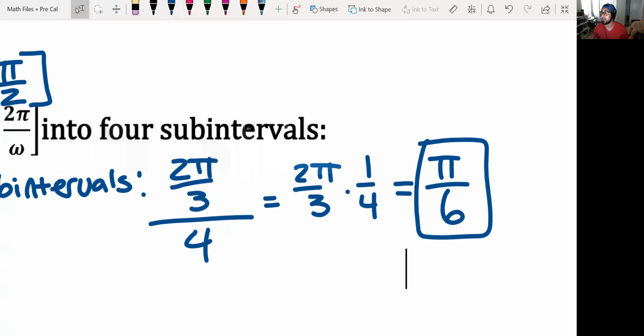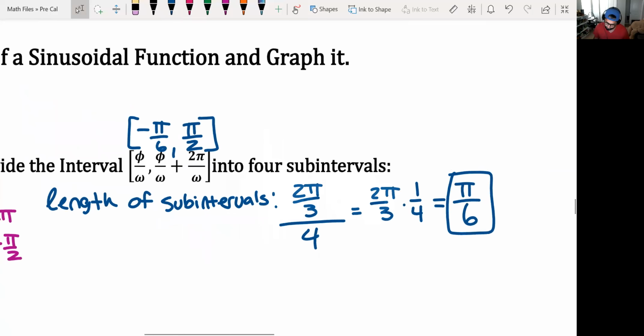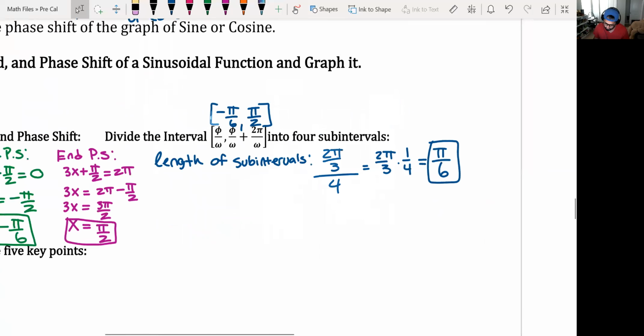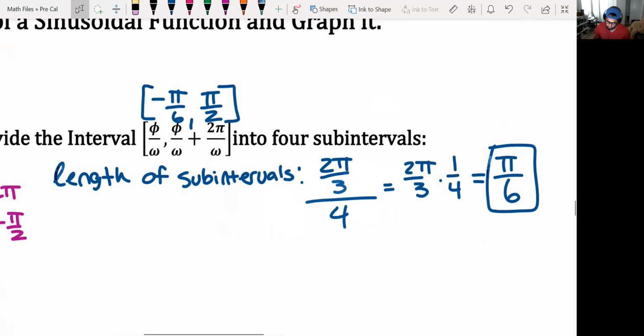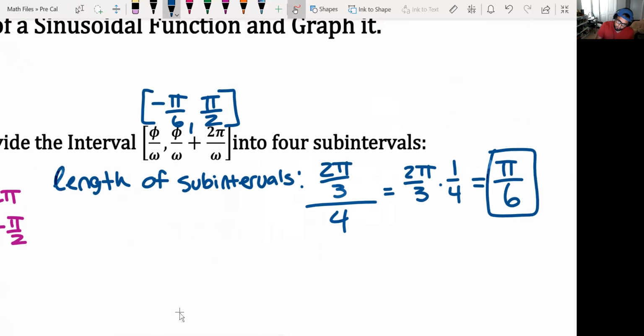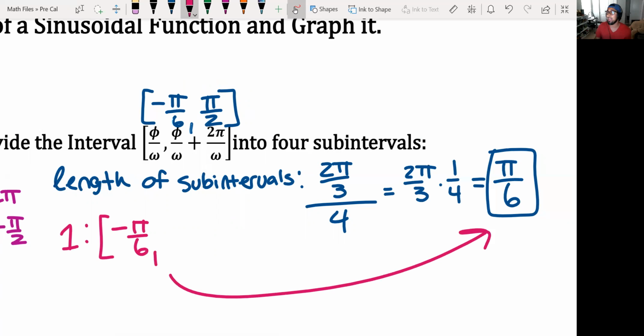So now we get to making our intervals. All right. So interval 1. We start at negative pi over 6. We add a length of pi over 6. Negative pi over 6 plus pi over 6 gives us 0.